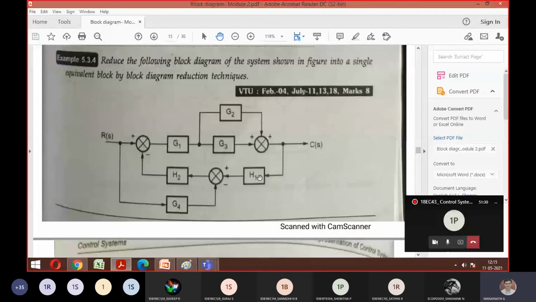Okay, look at the question now. You should tell me how to solve this problem. After knowing everything, all the procedures are known to you. If you find this type of question, what is the way you're going to solve it? I think yesterday I taught you how to split your feedback along with your summing point. So who is going to explain how to solve the problem?